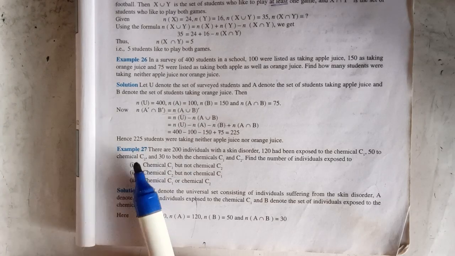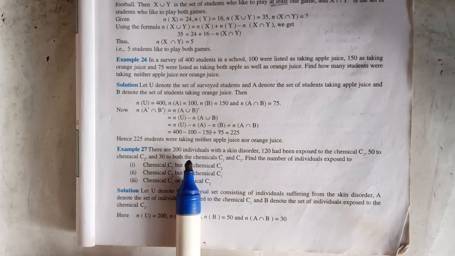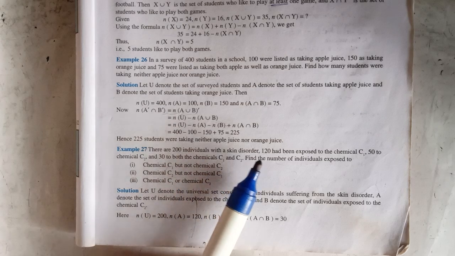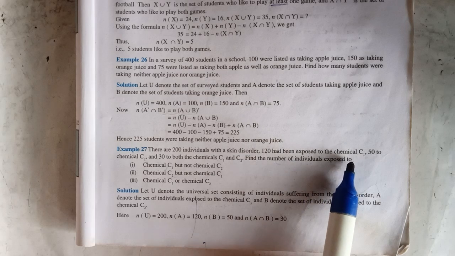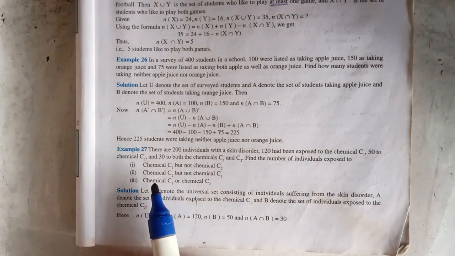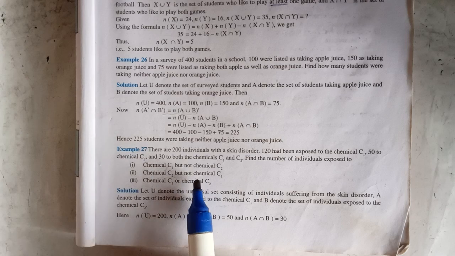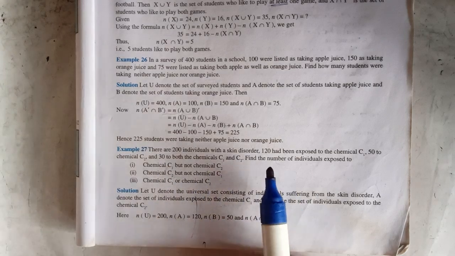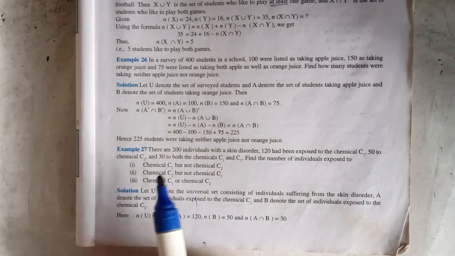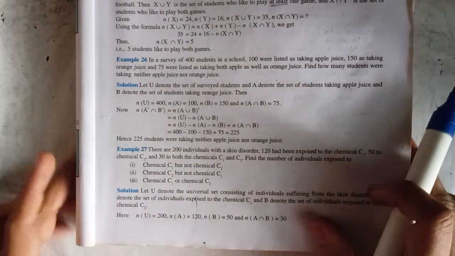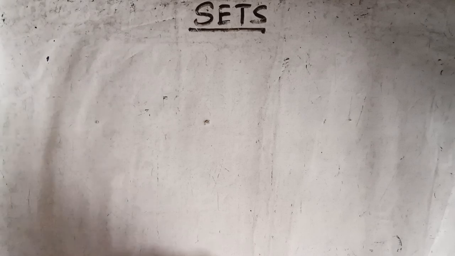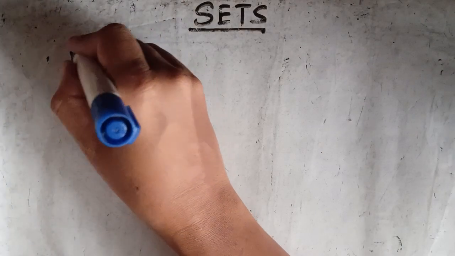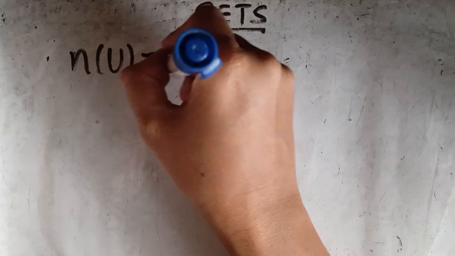Next question, example 27. There are 200 individuals with a skin disorder. Now 120 had been exposed to chemical C1, 50 to chemical C2, and 30 to both the chemicals C1 and C2. Find the number of individuals exposed to the following. First we'll write what is given. This is the universal set, here is your 200.